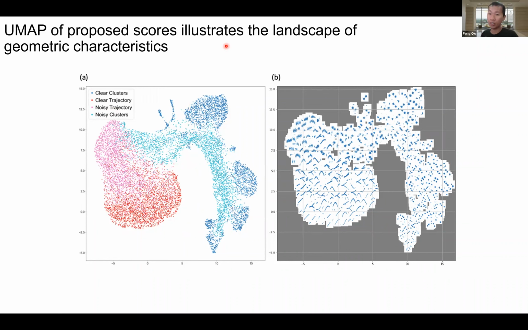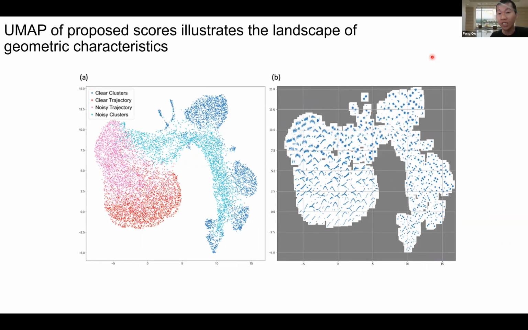So we're saying that in our simulated data sets of all these different scenarios, if we examine them using these 5 scores, we can separate the cluster-like and trajectory-like data sets. Right? On the right is the same visualization, except that we replace each dot by the actual scatter plot of the data. You see trajectories here, noisy trajectories here, and then you start to see clusters here and here.